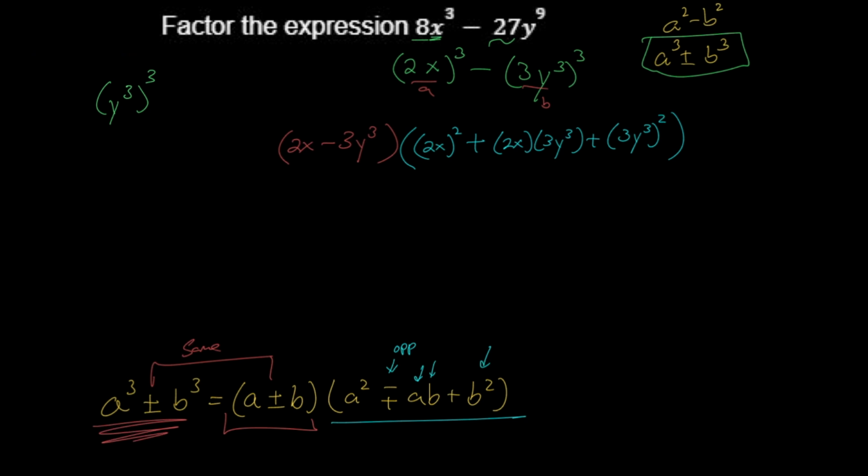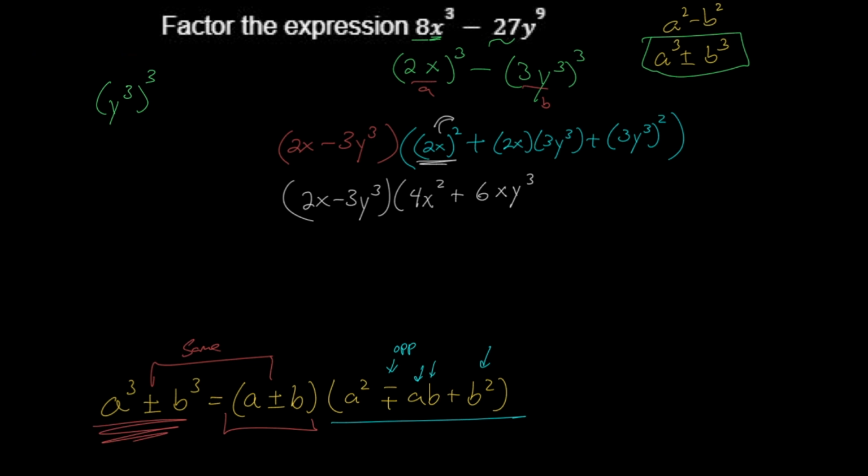Now we just have to do a little bit of rewriting to make our factor look a little nicer. So remember, exponent properties means we're going to give this exponent to each of the factors in that product. So 2 squared is 4, and then x squared is just x squared. In the second term, we have 2x times 3y cubed, which will give me 6x y cubed.